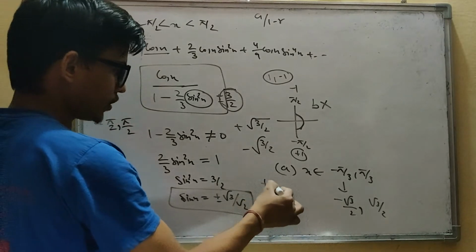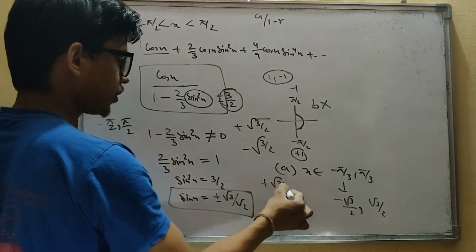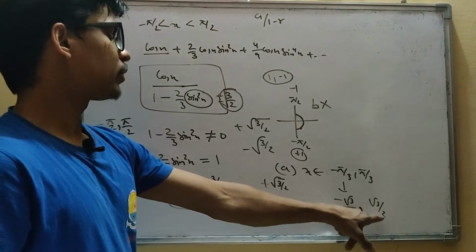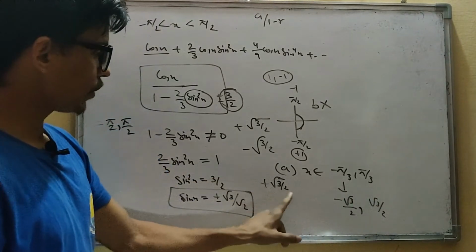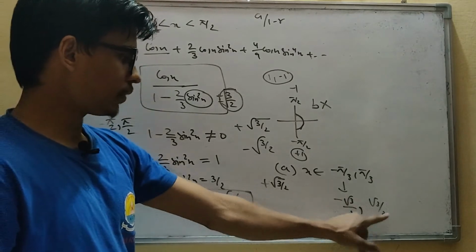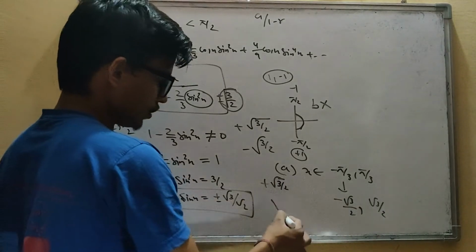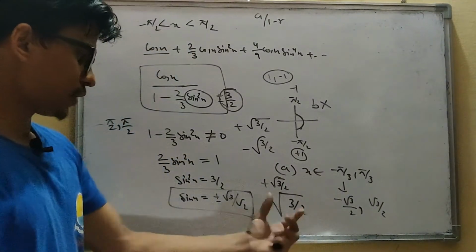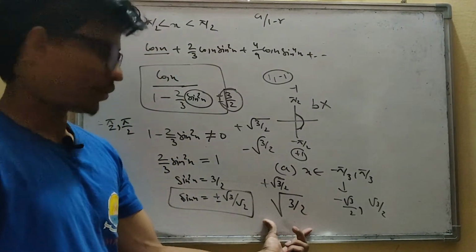So if I take plus root 3 by root 2 and root 3 by 2, square root of 3 by 2 and root 3 divided by root 2, which one is smaller? This one is smaller.